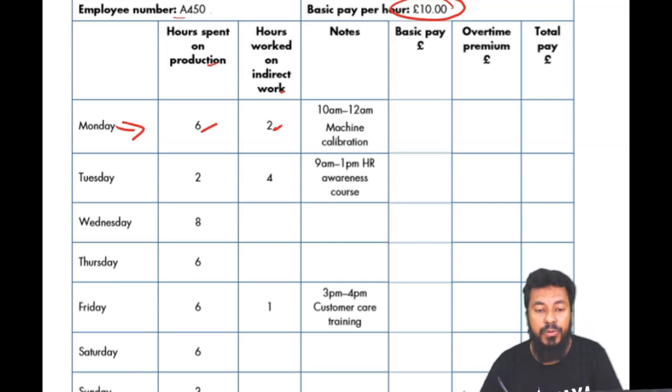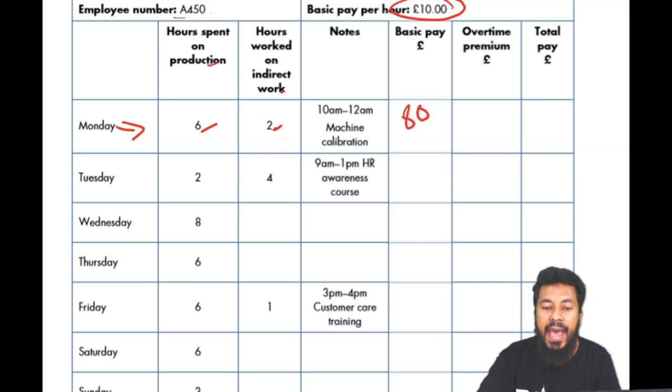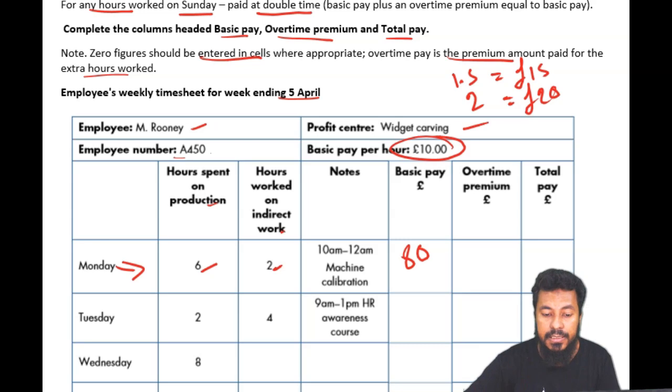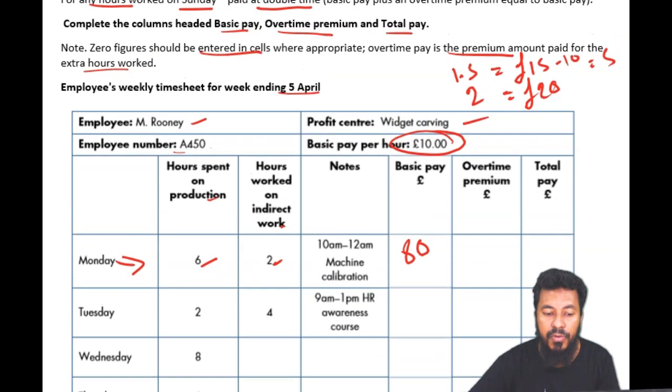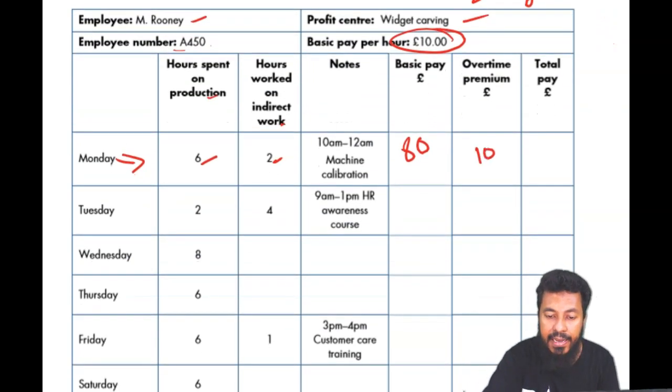So for 8 hours at £10 per hour, 8 times 10 is 80 basic. The premium is 2 hours at £5, time and a half, so 5 times 2 gives 10. 80 plus 10, 90 is the total payment for Monday.